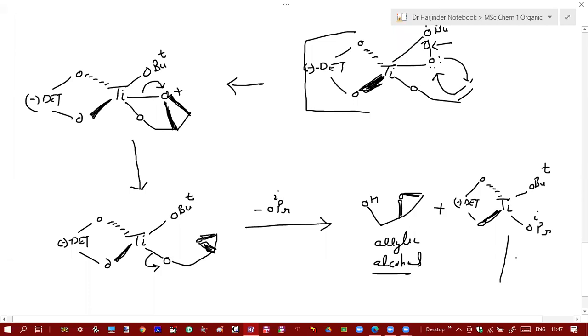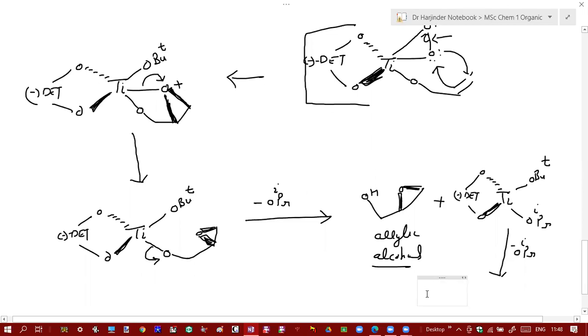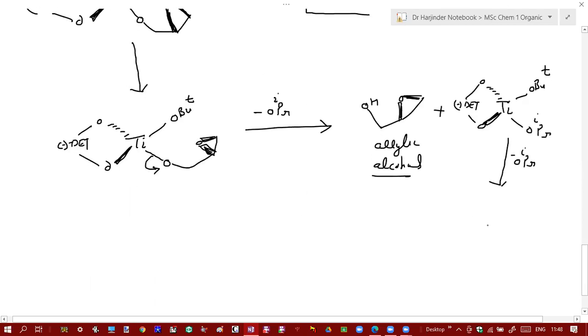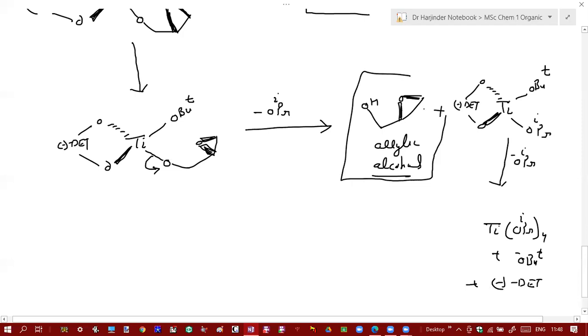Which again, in presence of the isopropyl oxide groups, this bond will also break and you will get back your titanium tetraisopropyl oxide plus tertiary butoxide plus minus diethyl tartrate. So this is the mechanism by which the epoxidation reaction of allyl alcohols takes place.